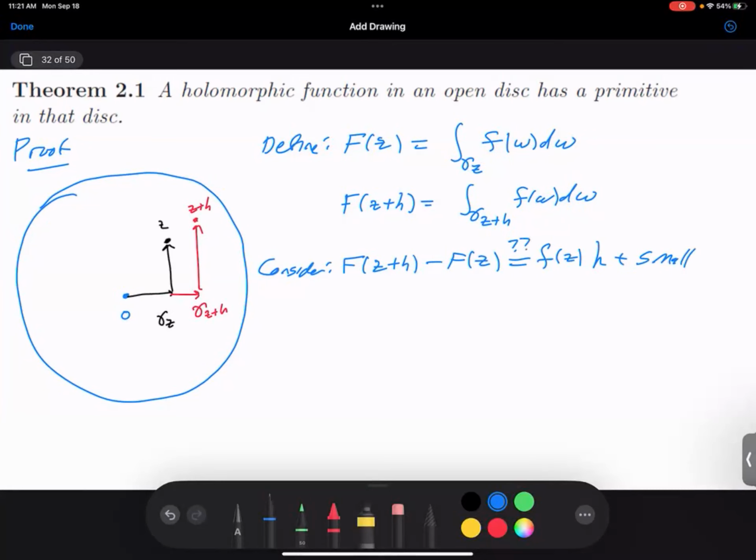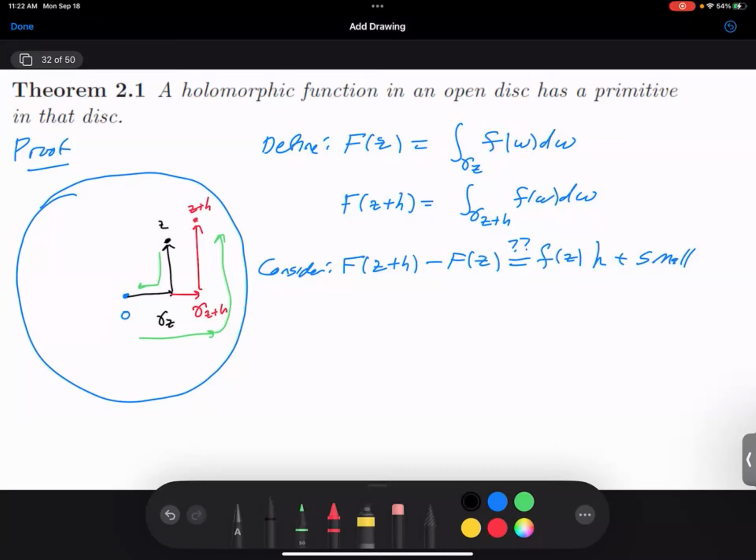We want to show that F of z plus h minus F of z equals that. All right, if we look at F of z plus h, we first go like this, and then we go up. And then if we subtract F of z, we see that the part from 0 to the part right below z cancels out.